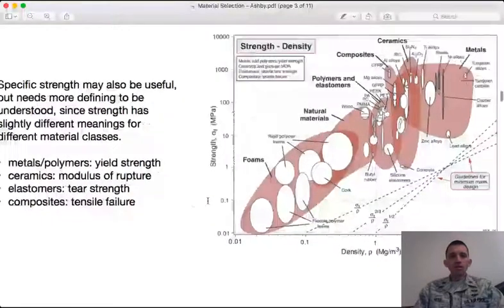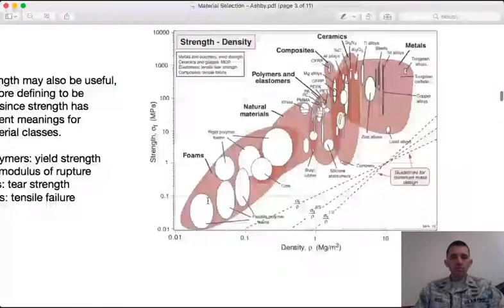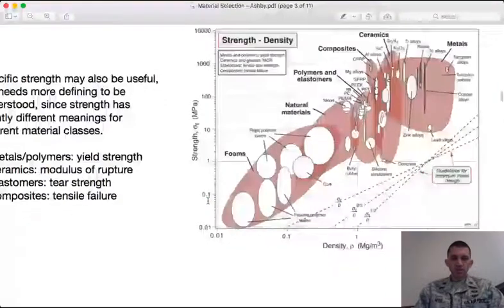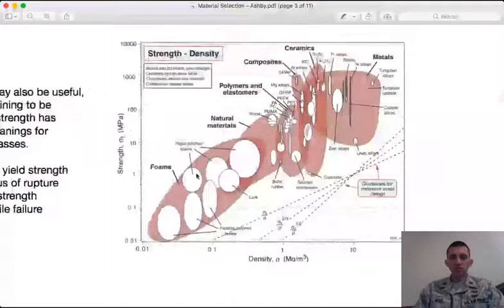And so you can build a plot of strength versus density, with the caveat that the strength means different things for different material systems.